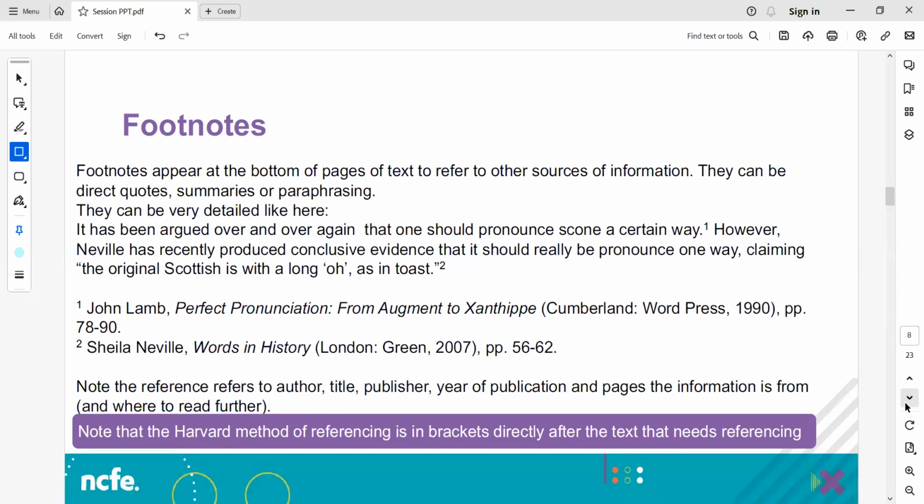And it's very specific how you do that, and that's been done here. So it's the author, title of the document or text, book, so on, then the publisher, year of publication, and the pages that the information is from. So it is quite specific how footnotes are formulated, how you need to write them.